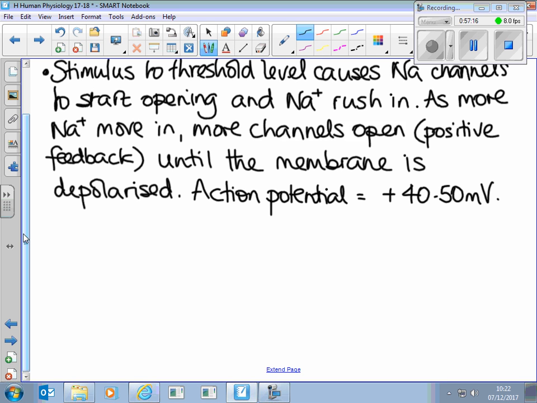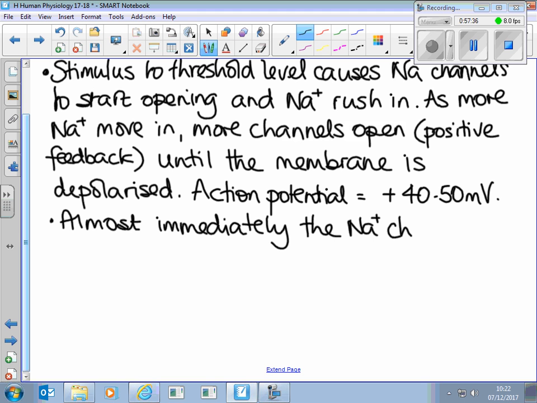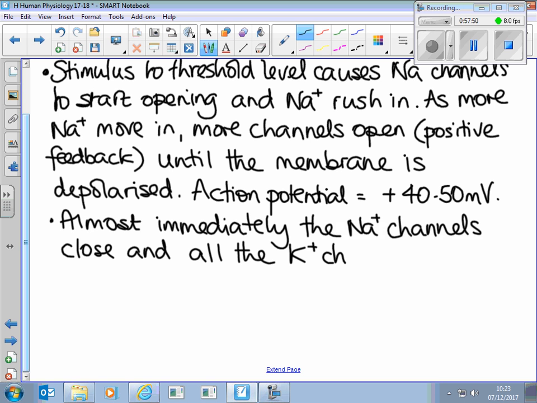We get this repolarizing. There is a bit of an overshoot, and we've got to explain what happens at the end, but this is the next step. So almost immediately, the sodium channels close, and all the potassium channels open.